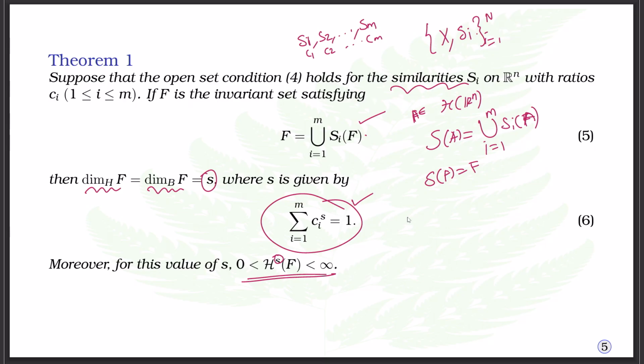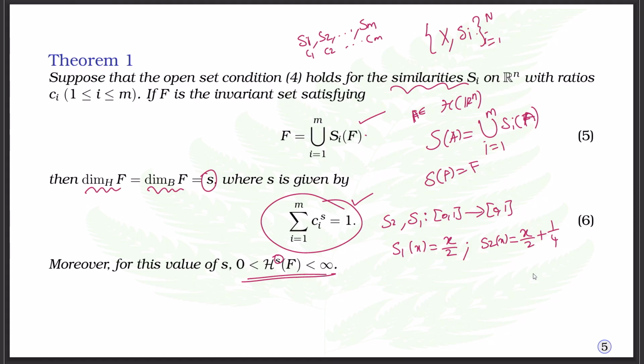For example, consider S1 as a mapping from 0, 1 to 0, 1, and also S2. So, S1 of x is defined as x by 2, and S2 of x we define as x by 2 plus 1 by 4.